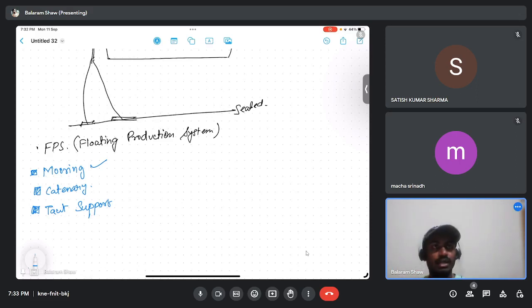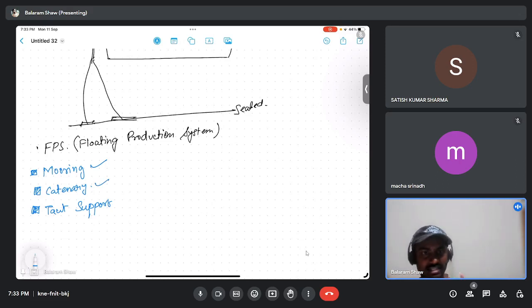Let us say one flexible, uniform, non-stretchable cable is suspended from its end. We anchor it at the mooring or the permanent structure. So this cable will take one curve or shape. That shape is called a catenary.